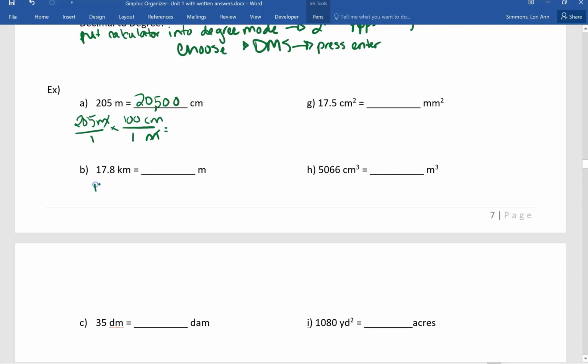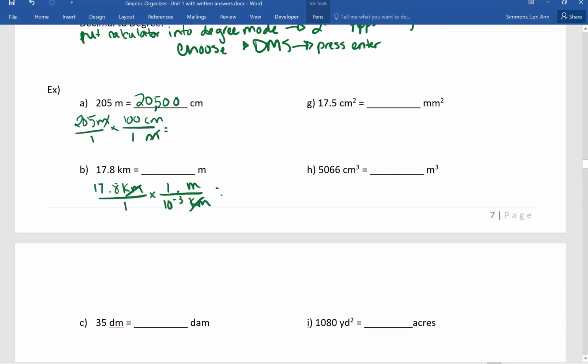B. 17.8 kilometers over 1. We want to get rid of kilometers to go to meters. There's 10 to the -3rd kilometers in 1 meter. Kilometers would cancel. So you're going to take 17.8 and divide it by the 10 to the negative third power.